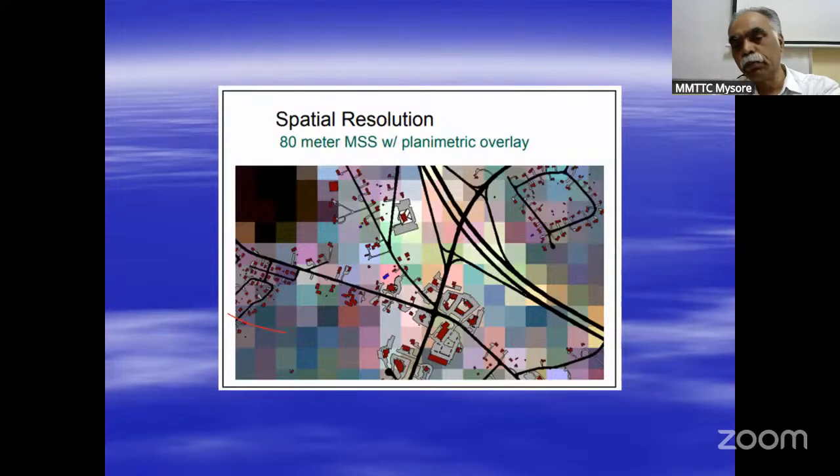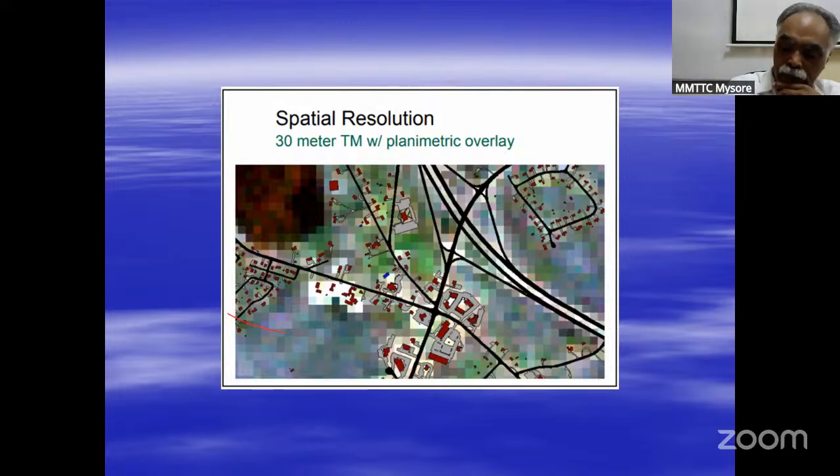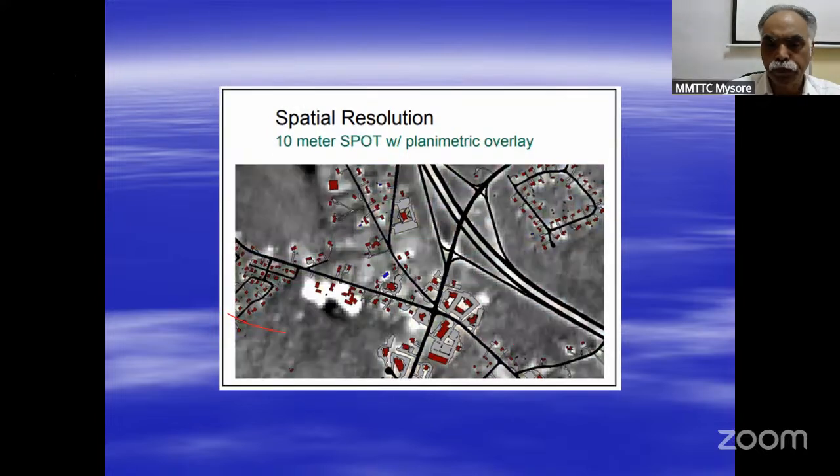It is just like boxes of different colors. Whereas in 30 meters, you can find this road is having some white boxes. Then the houses are also having some white boxes, and there are some green pixels. Even then, it is not so clear whether it is a house or road or vegetation, but we can easily make out that green means it is vegetation.